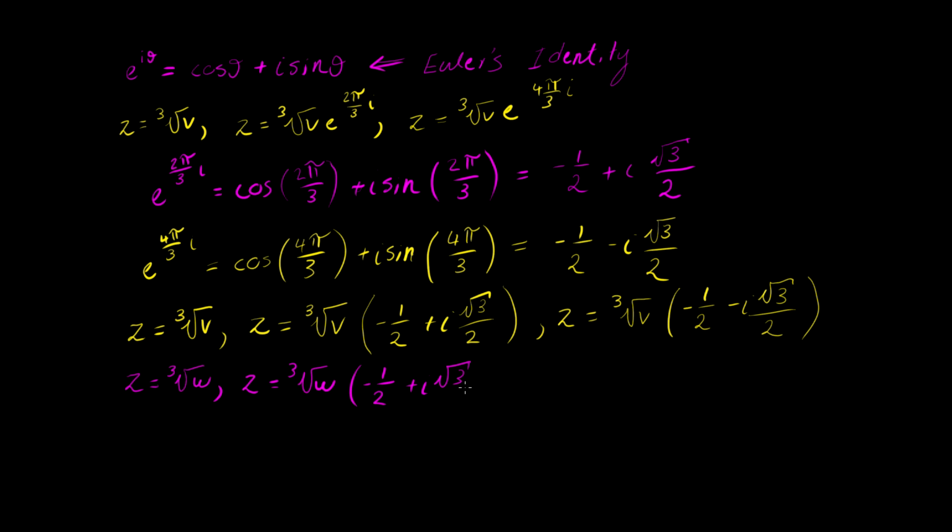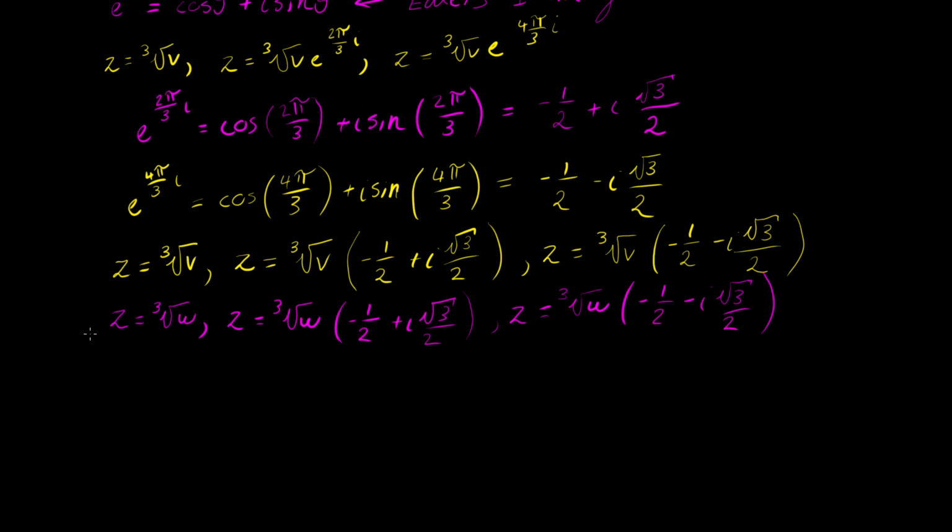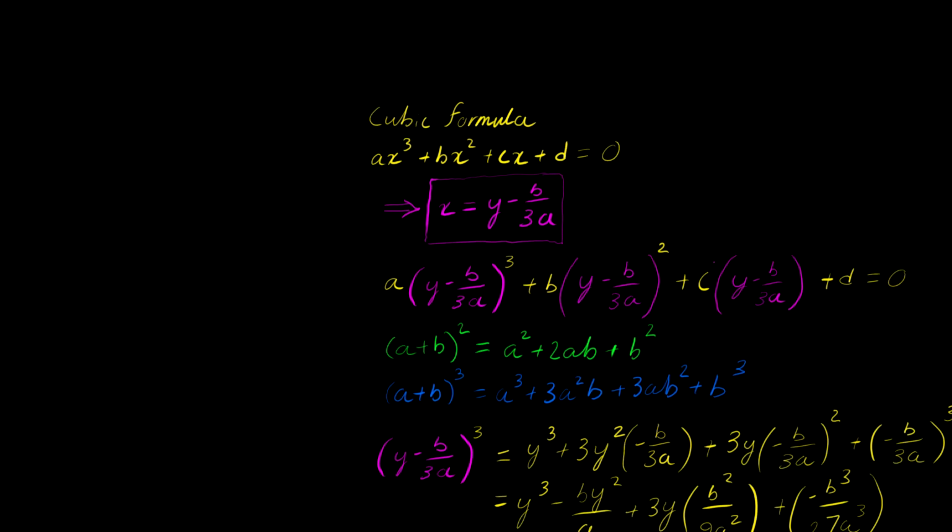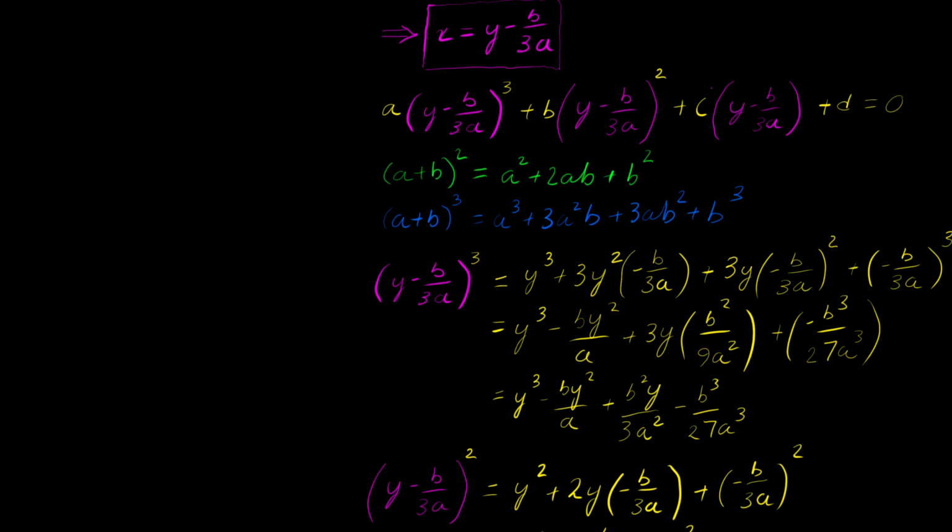We're just going to get the exact same thing. So we're going to get z is equal to the cube root of w times negative 1/2 minus I roots of 3 over 2. But you'll find out that the w and the v's, so we've got 6 different roots for z, but we should only really be having 3 because it's a cubic equation. But you'll find that some of them are exactly the same once we actually work them out.